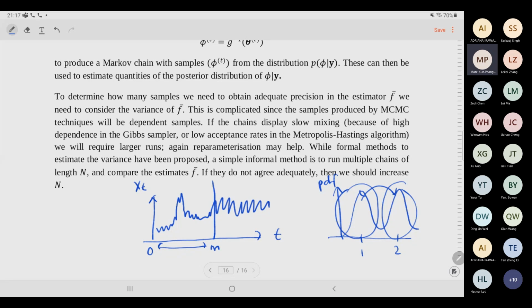The support here, for example, is from 0 to 3, so maybe from 0 to 1.5, it cannot move to 2, by chance. So it could be trapped in the local maximum, and the proposal does not propose to the other mode. So there is a case like that.